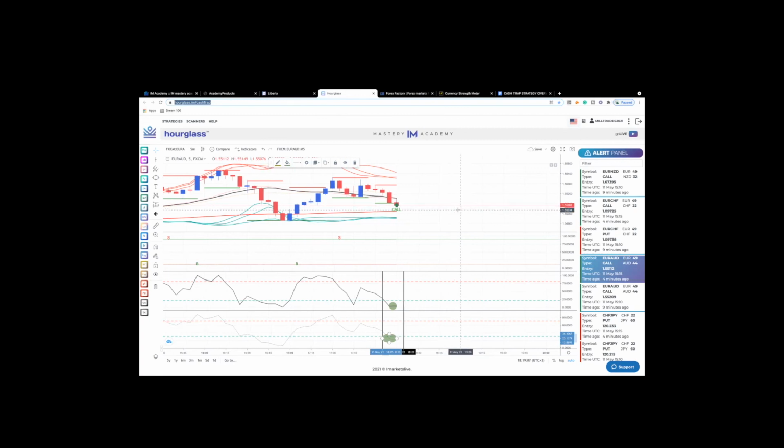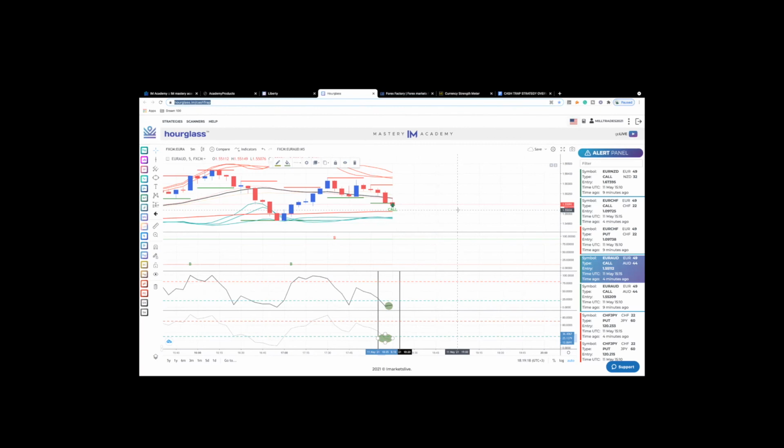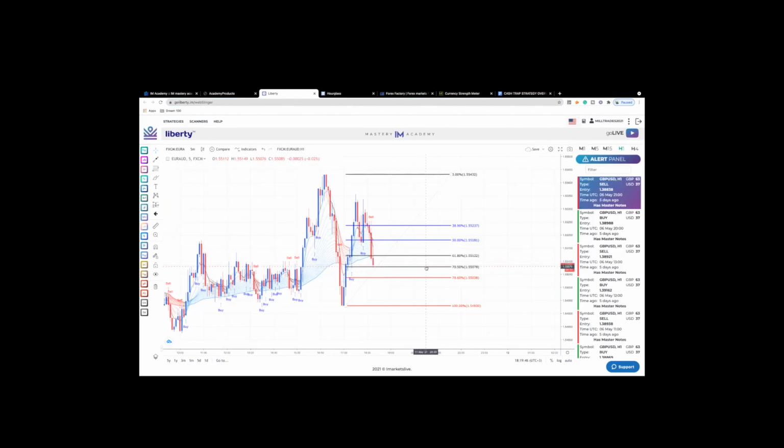0.39 for Euro AUD. I think it could bounce up 0.39. The 0.80 on my screen. Well, that's a huge difference. 0.80.